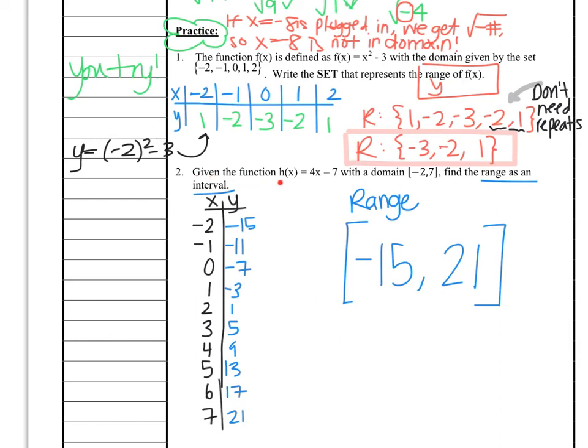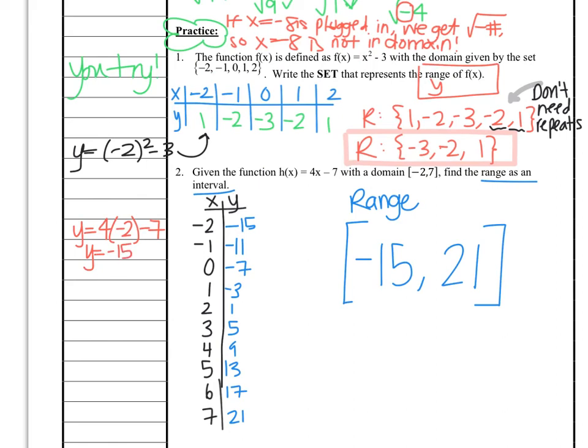In number 2, we've got the function 4x minus 7 with a domain inclusive of negative 2 all the way up to 7. When I made my table, I went from negative 2 all the way up to 7. I found my y value with the same process: I take the x value, say negative 2, and plug it into the equation. That gives me y equals negative 15.